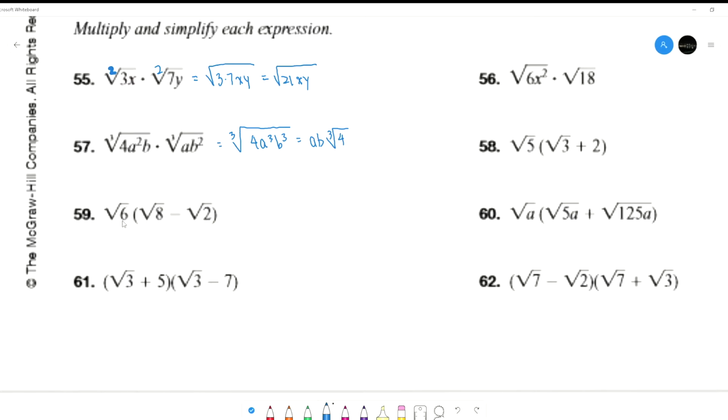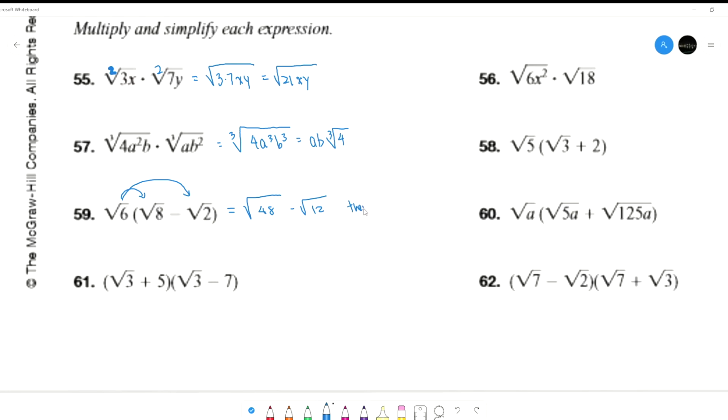All right, 59, we have square root of 6 times this quantity here in parentheses, radical 8 minus radical 2. If you recall, we were supposed to do the distributive property. So you can multiply them and get radical 48 minus radical 12 and then simplify.